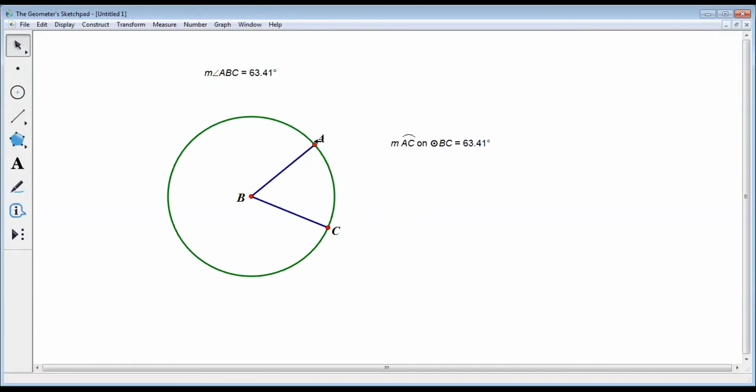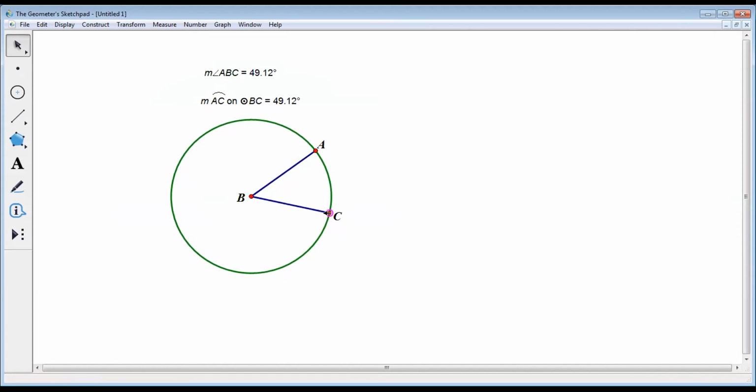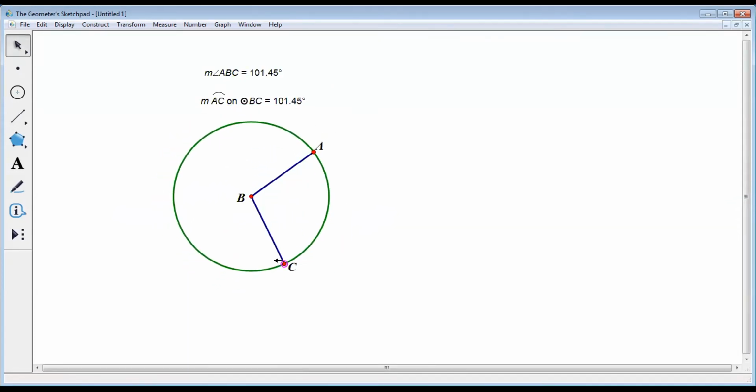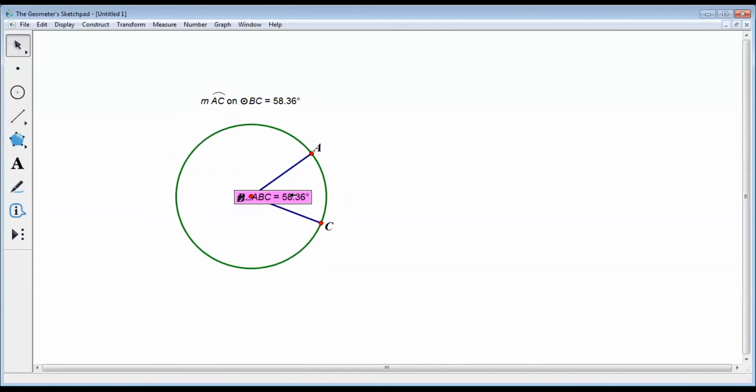And if I adjust this angle measure, you'll notice the measure of the arc in degrees is also the same. It's kind of a different concept, but you can measure an arc by the number of degrees it has. And it doesn't matter how big or small your circle is, the measure of the central angle is always going to equal the measure of the arc.